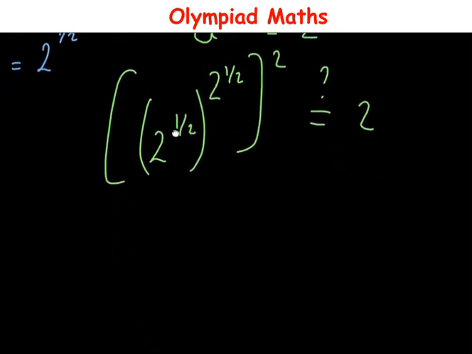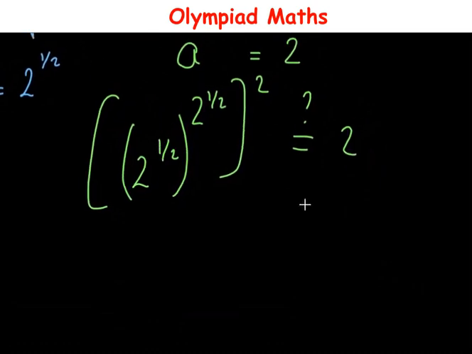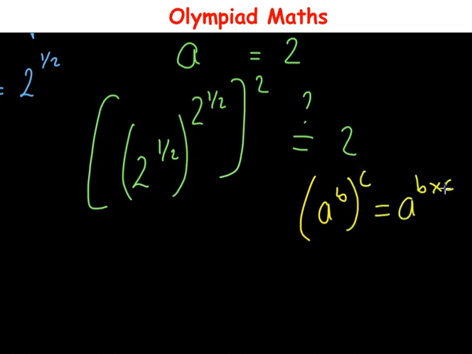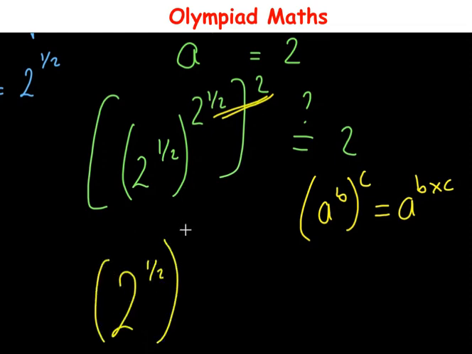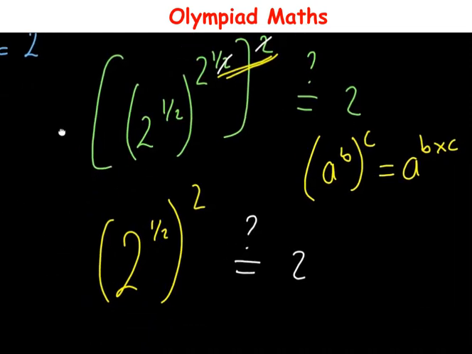With this, we apply the rule of indices that if you have, in brackets, a raised to power b, all raised to power c, this equals a raised to power b times c. So power 1 over 2 will multiply 2. This becomes 2 raised to power 1 over 2 as the base, then raised to power 2. Then we cancel this 2, we have 2 raised to power 1, and 2 raised to power 1 is the same thing as 2, equal to question mark.